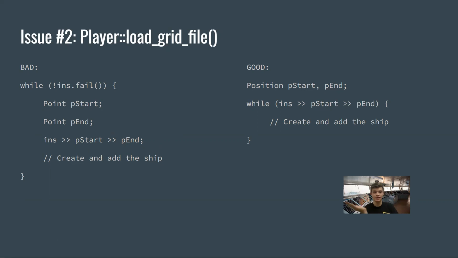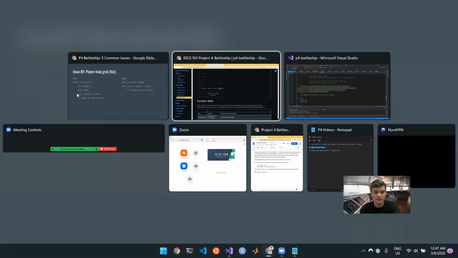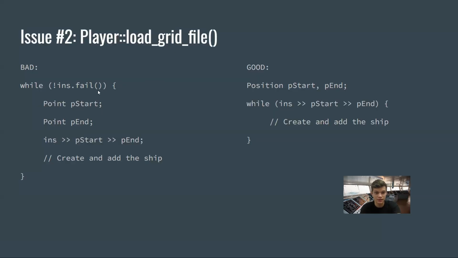If it's not failed, I'll read in a point and add the ship, and it will fail eventually because there are no more points left. That is very, very close, except for a problem we'll see in an example. Before that, just remember the condition is not ins fail, or ins is good, another very common variation on this theme.